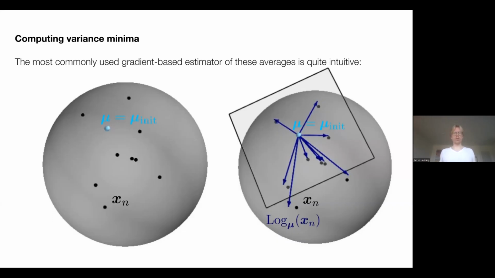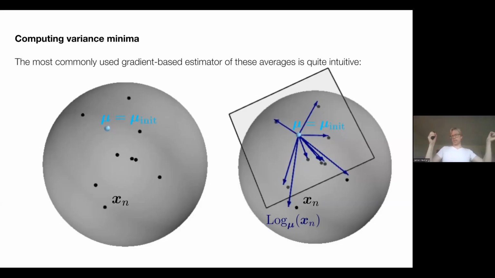Then you take all of your data and map it to the tangent space of the mean, which is just applying the logarithm map. So now you have your data expressed in the tangent space of your current estimate of the mean.